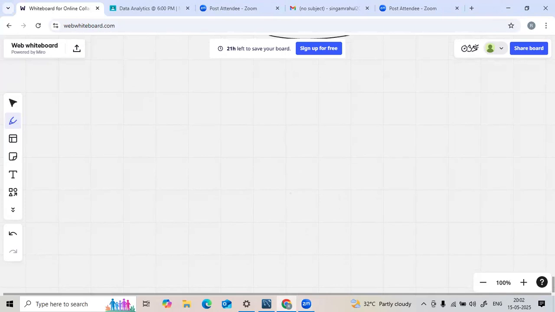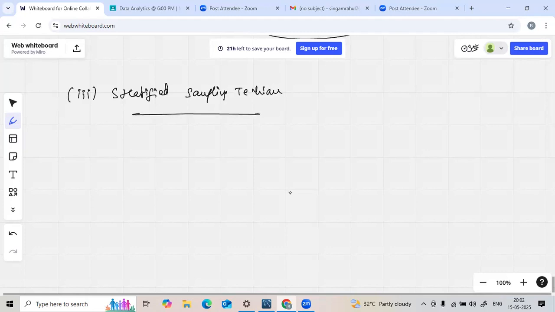And the third type of technique that we have is the stratified sampling technique. So what does this stratified sampling technique mean? Stratified sampling technique itself is nothing but separating, segmenting, stratifying, dividing.